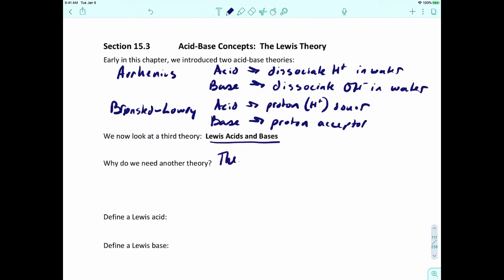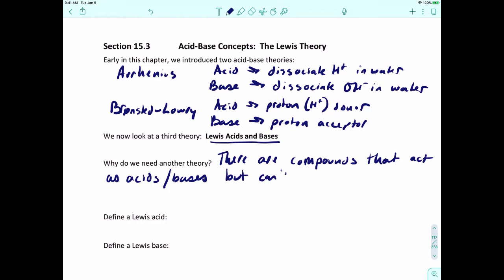Well, there are compounds that act like acids and bases, but they don't have hydrogens to give up or accept. So there are compounds that act as acids or bases, but can't accept or donate hydrogen ions.